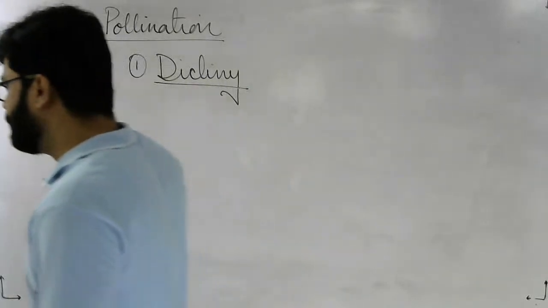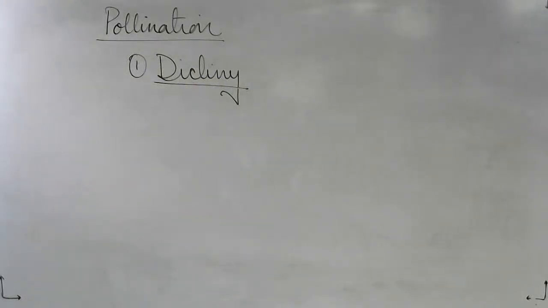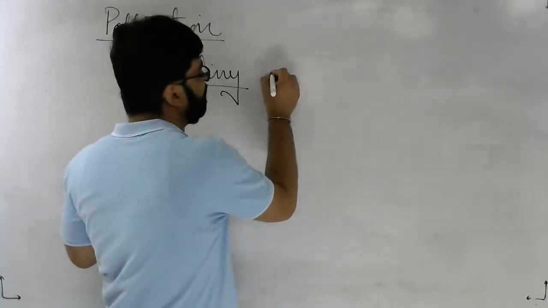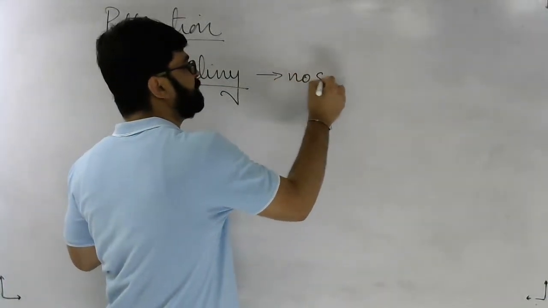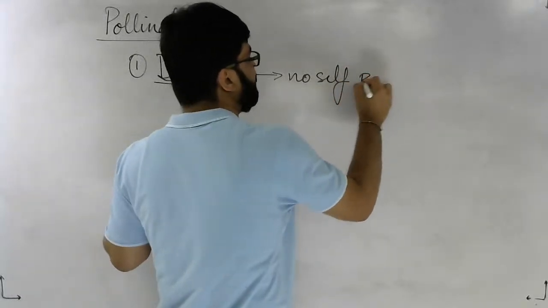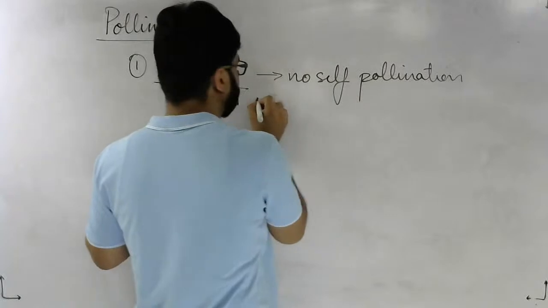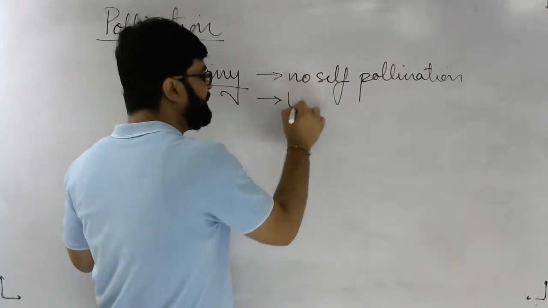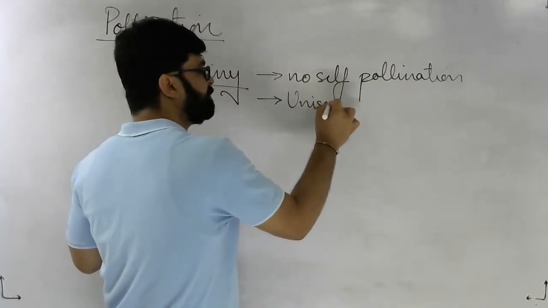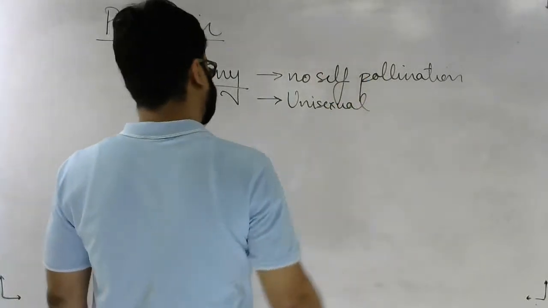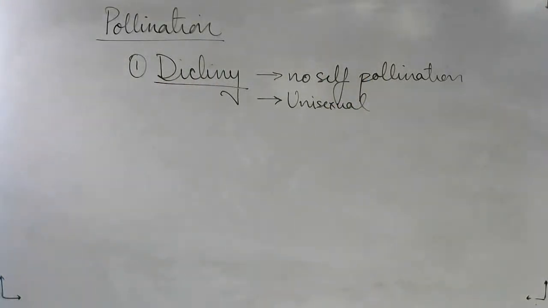All right, either they produce ovule or pollen. That's why there is no self-pollination, as plants are unisexual.